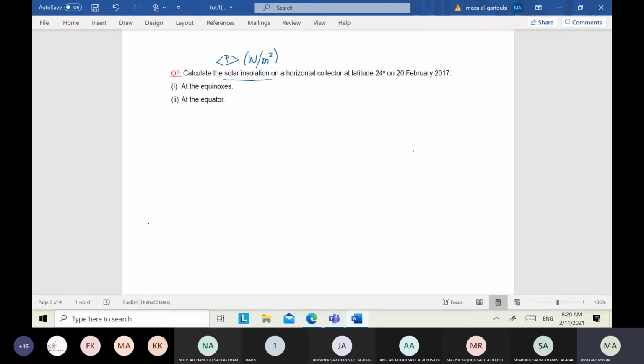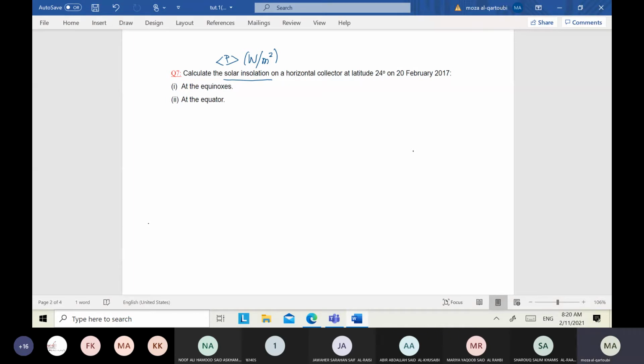So we have a horizontal collector. Should we know the type of collector? Because we have 3 types of collector. Given in this question, horizontal collector. Anyone know the different types? We have 3 types of insolation collector.